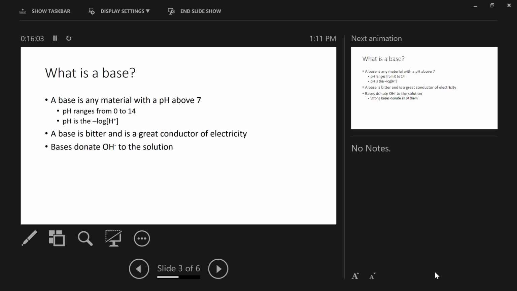All right, bases donate hydroxide ions to the solution. So another way we defined an acid was that acids are materials that donate hydrogen ions to the solution. Bases, another way to define them, are materials that donate hydroxide ions to the solution. What was a strong acid?